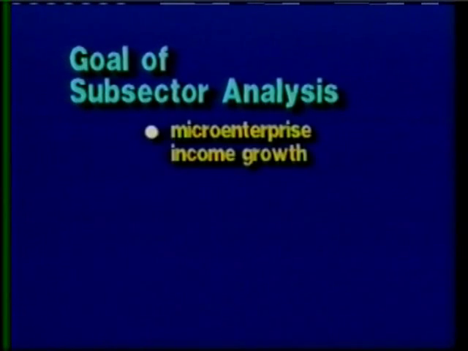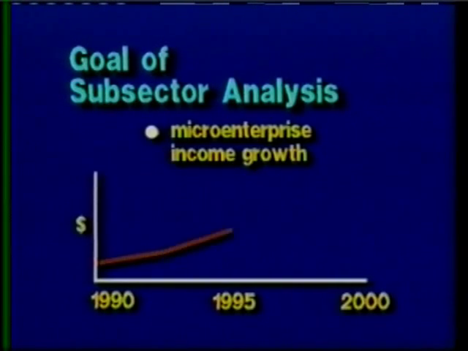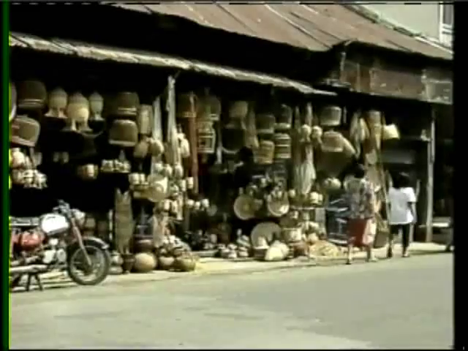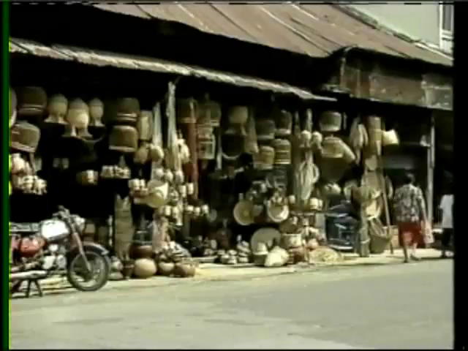But where are the opportunities for micro-enterprises to grow? An analytical tool called subsector analysis can help to identify promising opportunities. A subsector encompasses the overall economic supply system in which micro-enterprises operate.